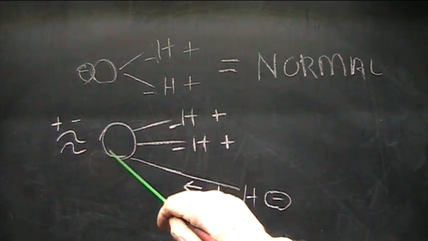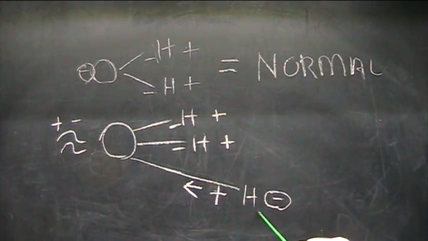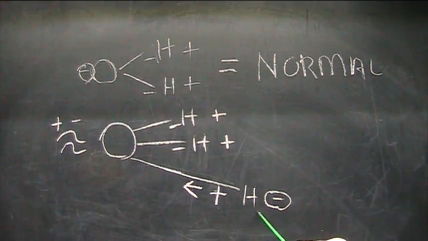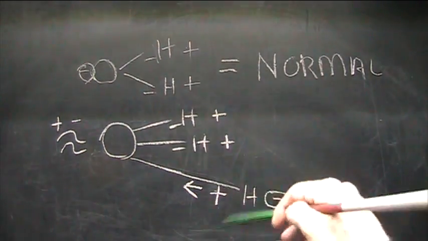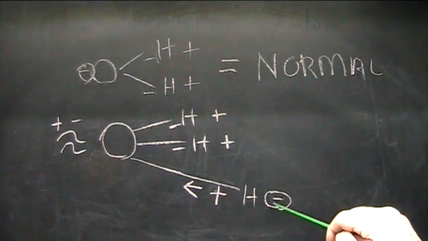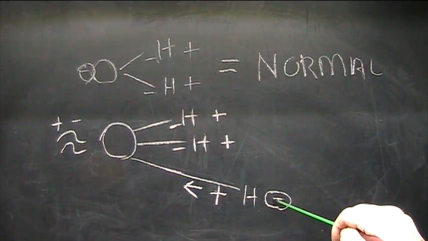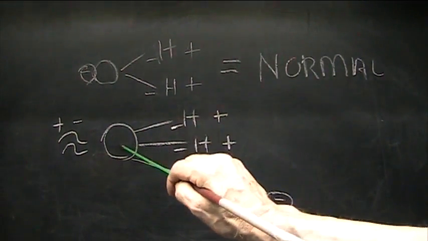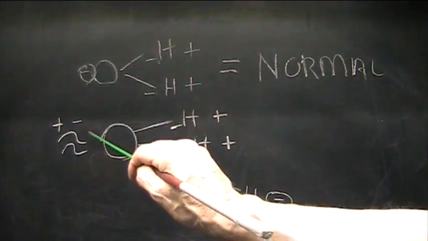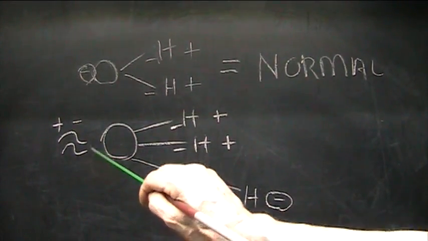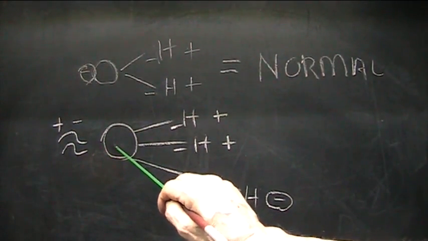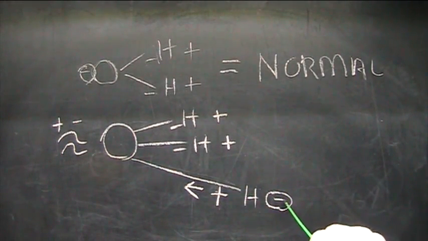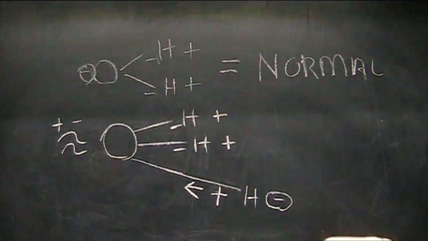Now, I believe there's something different about this core which attracts an additional positive. I mean, this is just a hypothetical. An additional hydrogen, which now turns around, because the negative side will be pushed away and the positive side will be here, because this already has an additional negativity, and I believe an additional negativity from the core, pulling the positive, leaving the negative out, and pushing it away from the other hydrogens.